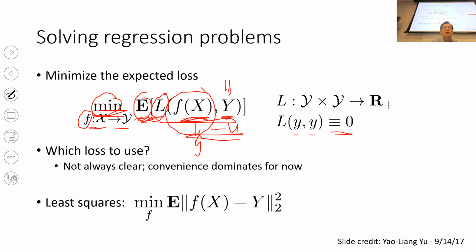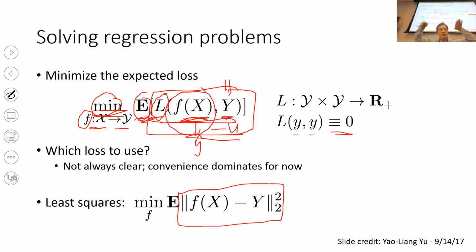The most commonly used loss function is this. Okay, we know these 2 vertical bars mean norm. This 2 here indicates the so-called L2 norm.